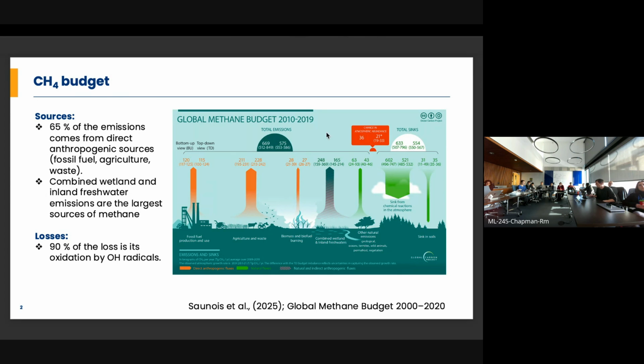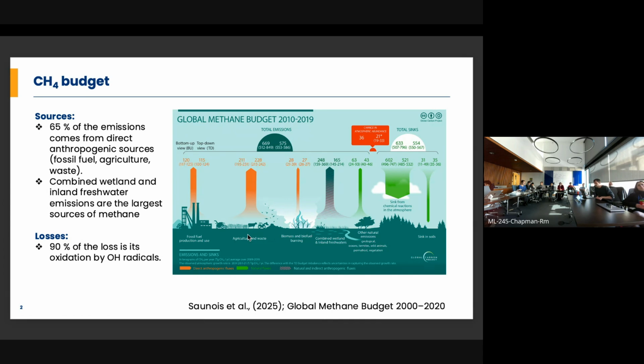So just a little background on the methane budget. Methane is emitted from a large variety of sources, from fossil fuel to agriculture, waste, and many other things, including biomass burning, and some natural or indirectly natural sources from wetlands and inland freshwater.